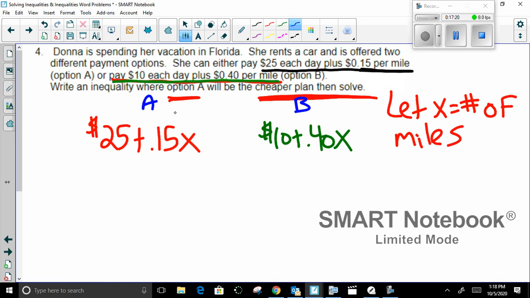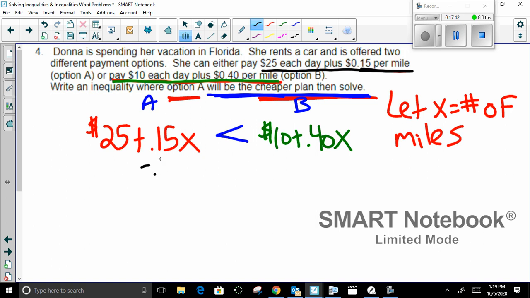Write an inequality where option A will be cheaper. I will pay less for option A. So I'm going to use a less than sign. And I'm going to solve for x to figure out how many miles. So I've got variables on both sides here.